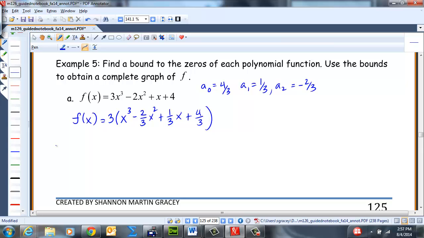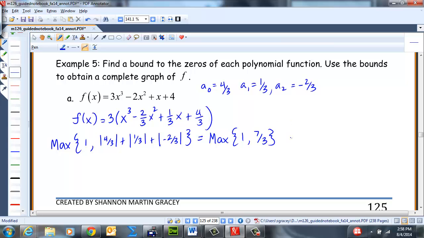Okay? So the maximum of 1 and then the sum of the absolute values would be the absolute value of 4/3 plus the absolute value of 1/3 plus the absolute value of negative 2/3. So let's see what we get. That's the max of 1 or, so all of these would go positive. So 4/3 plus 1/3 plus 2/3 is 7/3. So the maximum of 1 and 7/3 is going to be 7/3.